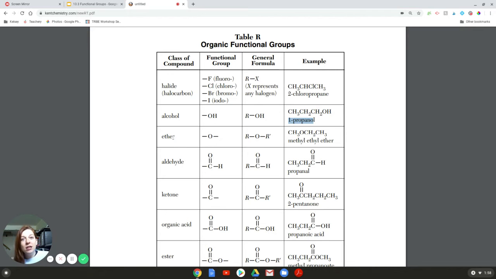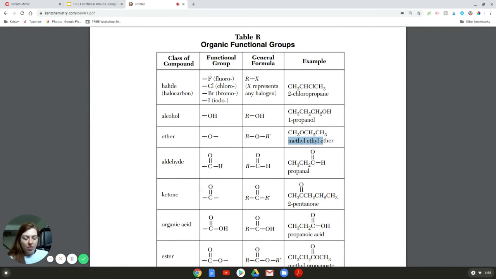Now, ether, you may have heard this. They've used this term a few times in science and in fantasy writing, the ether and whatever. What it actually is is an oxygen that jumps inside the middle of a carbon chain. And then we would name the ends of that carbon chain as if they were dangles.